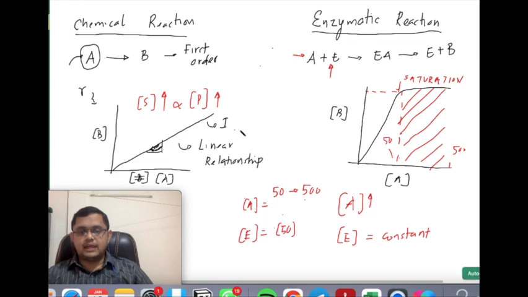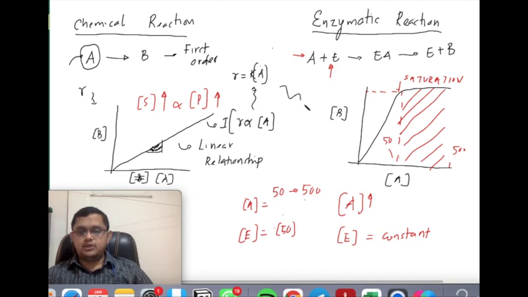So if I am calculating the rate R, R is proportional only to your A. If I include a rate constant, say K, then R is equal to K into A. According to this, if A increases, R increases.